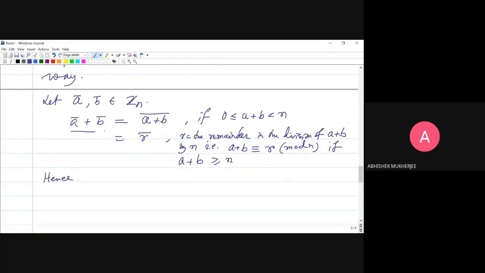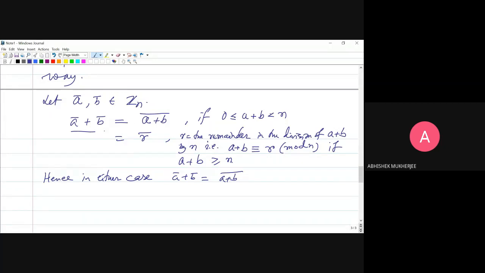Hence, in either case, you actually have this equal to a plus b class. Now, what is a plus b class? You need to check whether a plus b is between 0 and n, or it is greater than or equal to n.